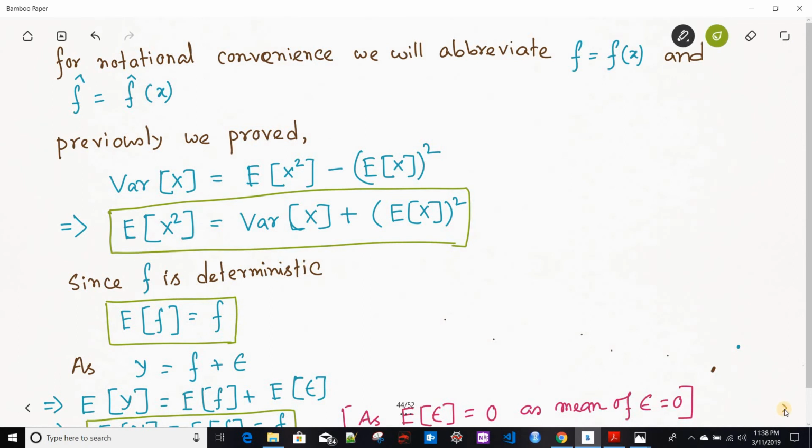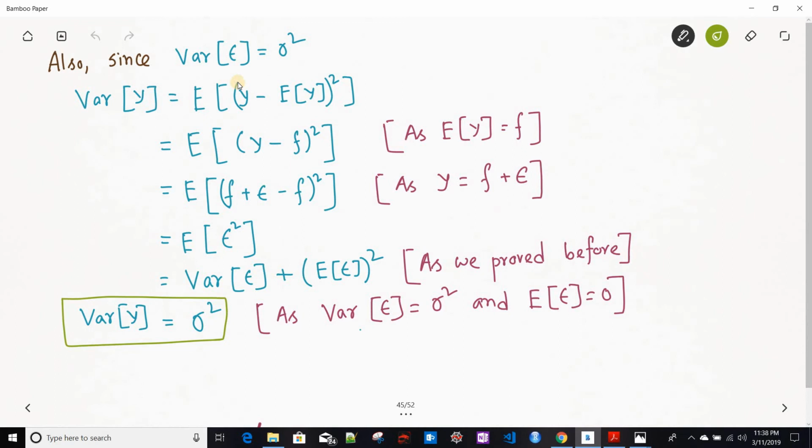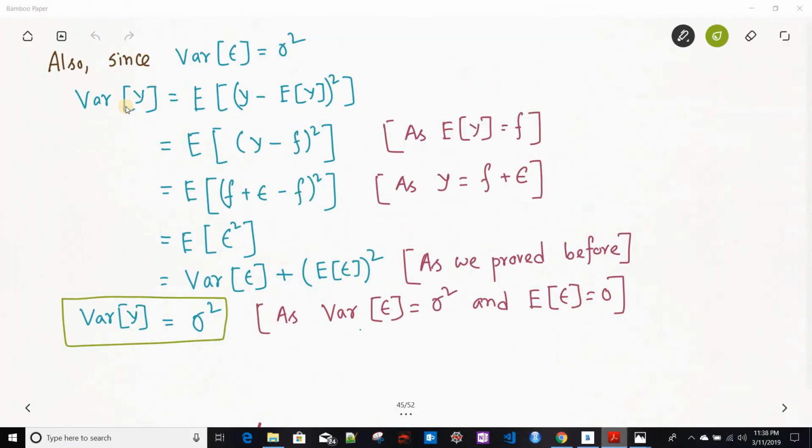Let us move to the next page. Another thing will be the variance of epsilon. We have also assumed that the variance of epsilon will be sigma square. So the variance of y will be the expected value of y minus the expected value of y, whole square.